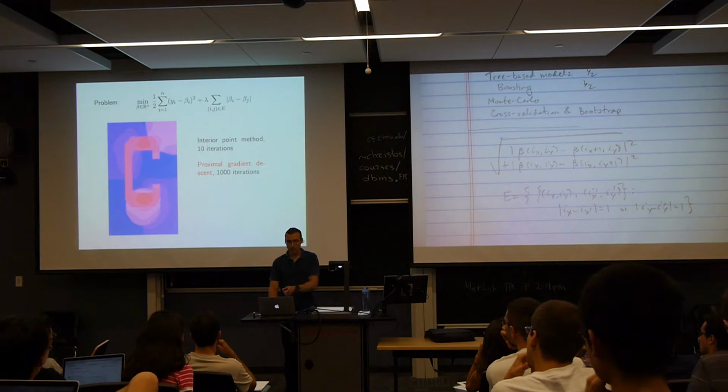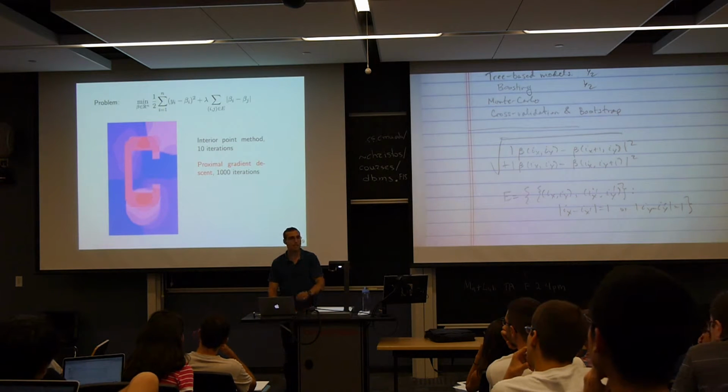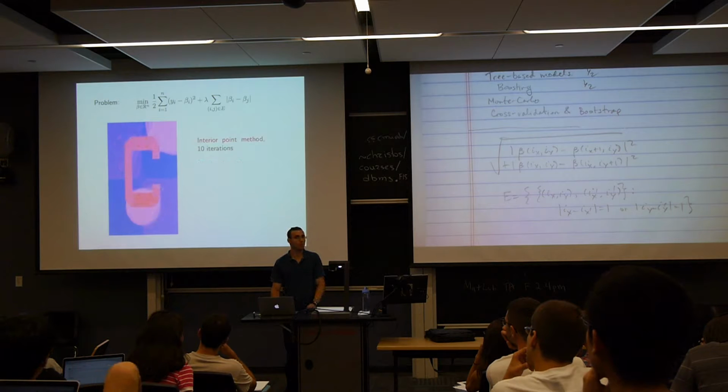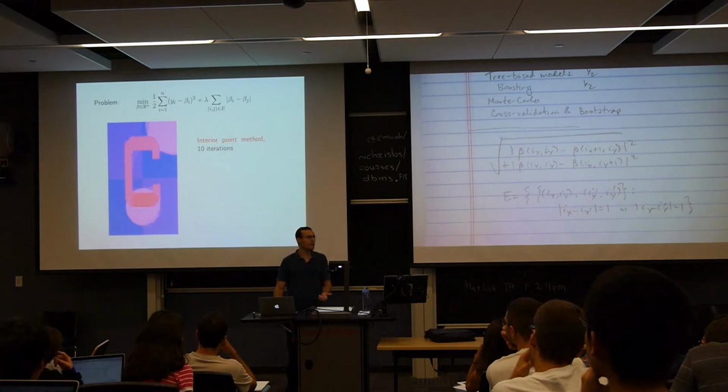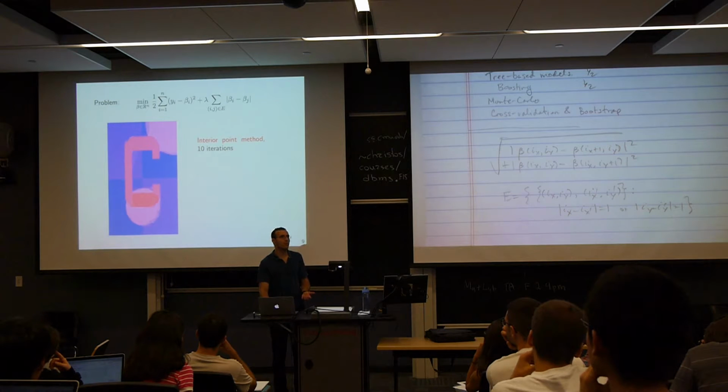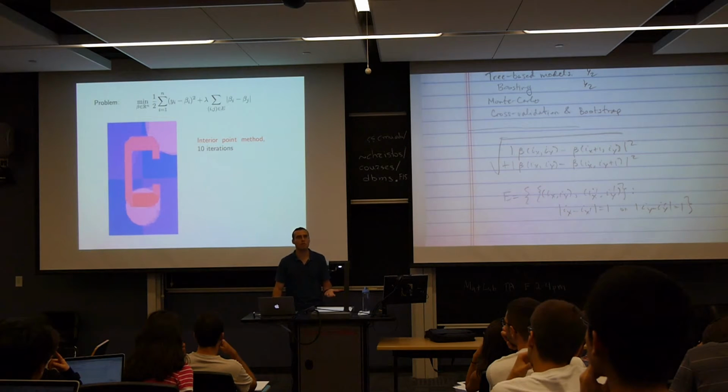If you evaluate the criterion value for this estimate and this one, you'll see that this one is far suboptimal, whereas the interior point result got very close to optimality. So proximal gradient descent was a lot slower in its iteration count, and after 100 times the number of iterations, it still wasn't very close to the optimum.